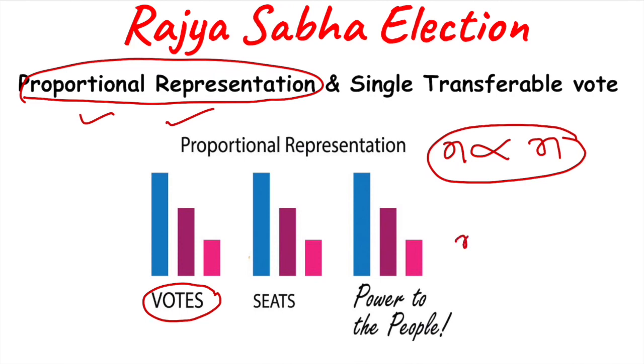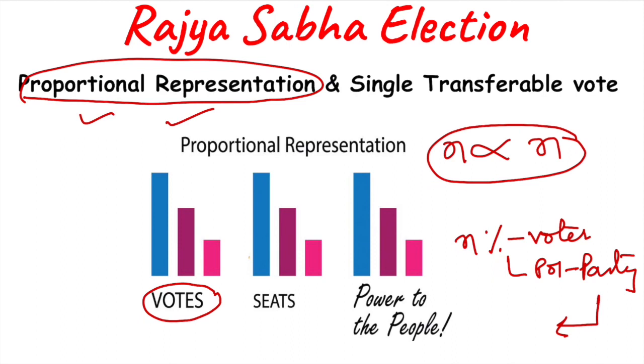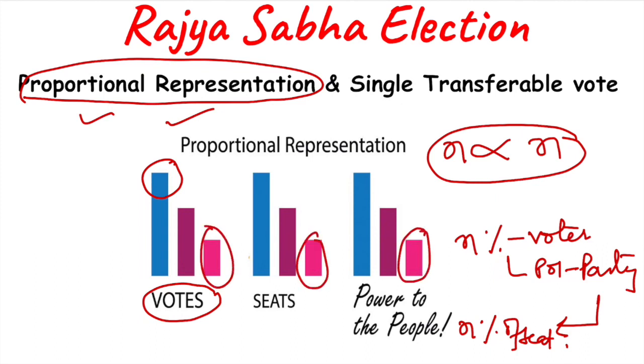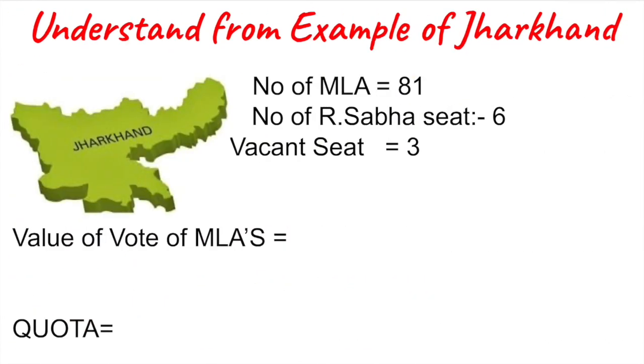For example, if n% of the voters are supporting a political party, then that political party will win approximately n% of the seats. So basically, the percentage of the vote is equal to the percentage of the seats won by that political party, and therefore it gives equal power to all the people living in the society.